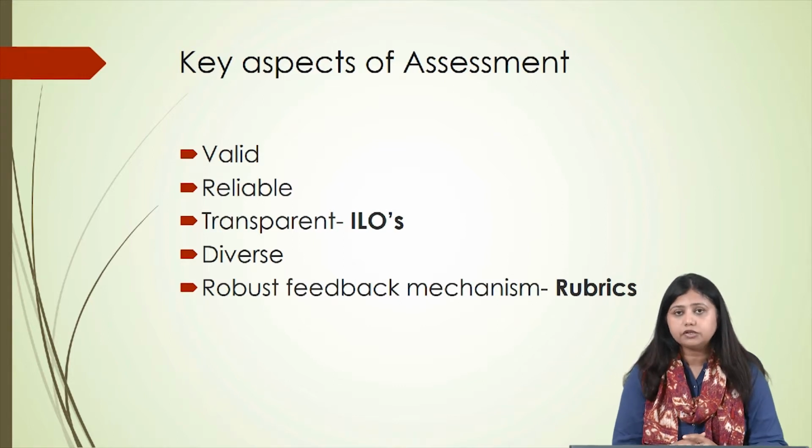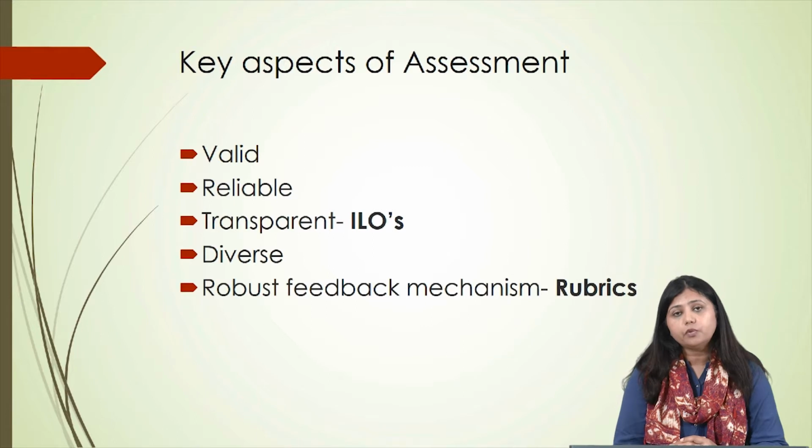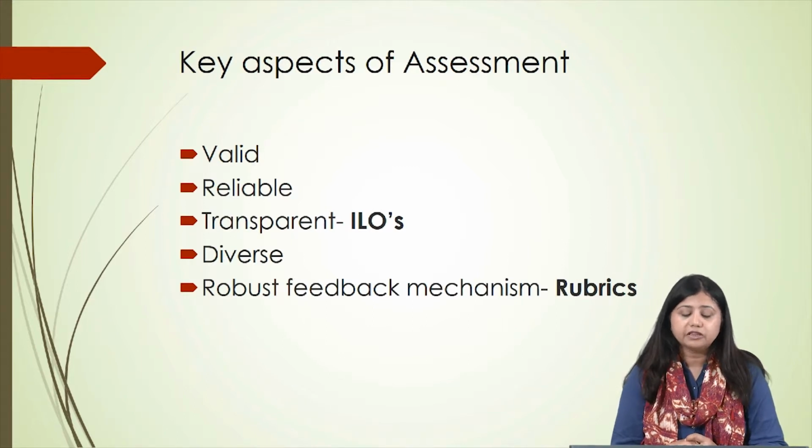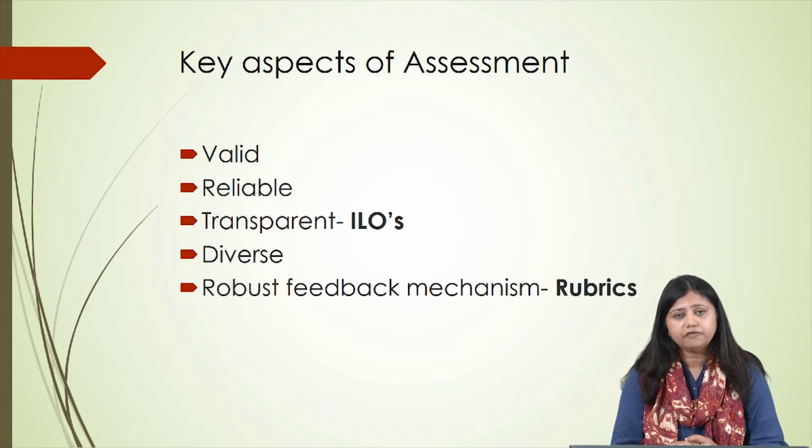And if it is designed to help student learning, we need to give them detailed feedback on what has been going well, what has not been going well, and also provide them mechanisms of how they can improve further to improve their learning. And that's what I am referring to here as a robust feedback mechanism, where we can provide timely, consistent and detailed feedback to all students.